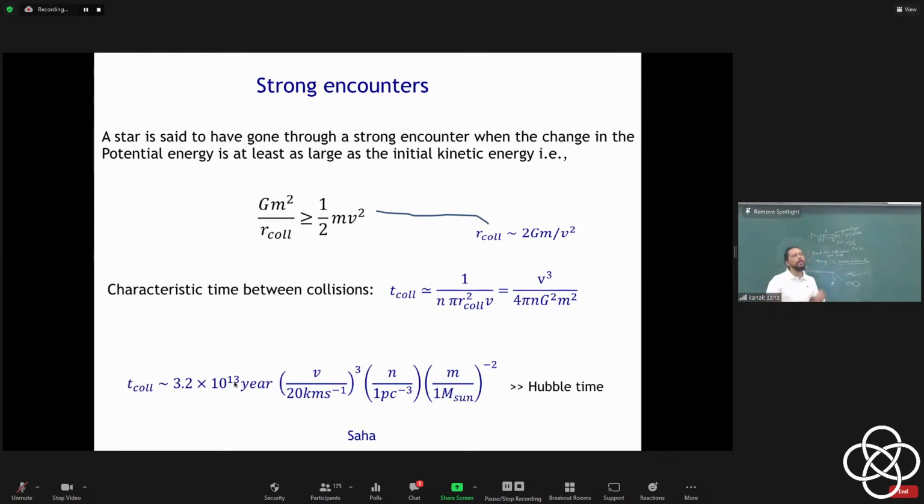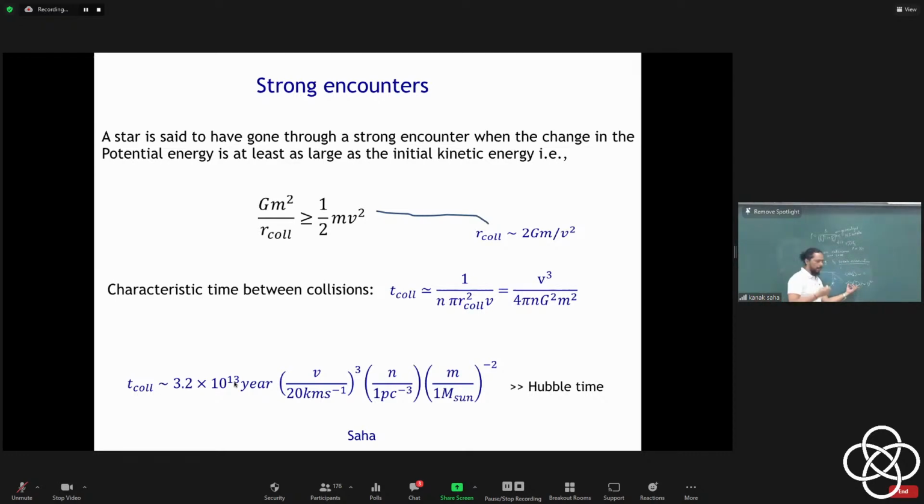Now you can imagine that a star goes around the galaxy and these deflections are happening, and if we integrate or add it up over many time periods, then within some time, the net change of delta v squared will be of the order of the initial velocity squared, because it's accumulated over this.